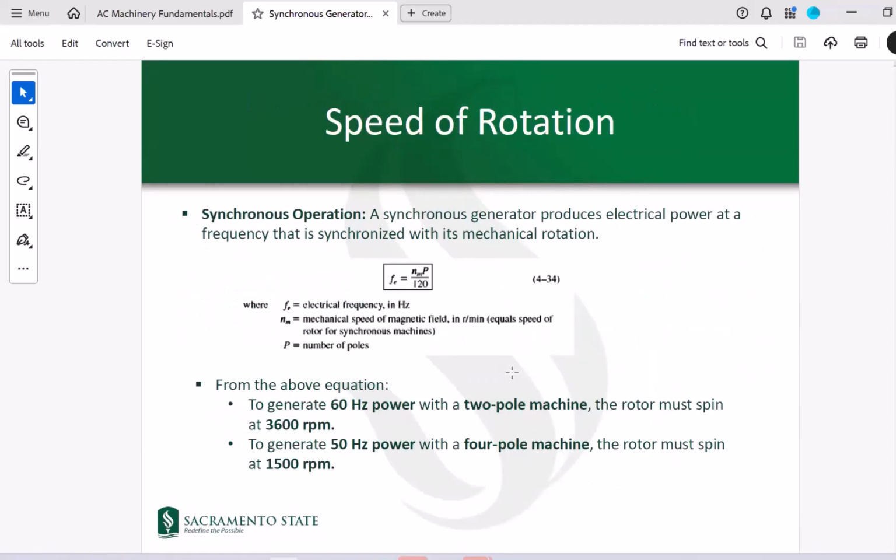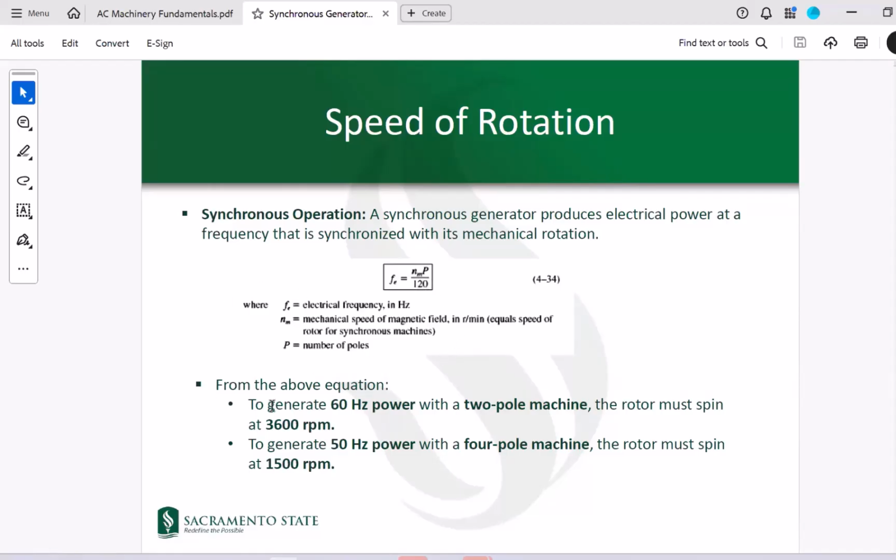The speed of rotation in synchronous generators is related to frequency and the number of poles. So here is the equation. The frequency at which the generator produces voltage and current would be P, the number of poles, times the mechanical rotational speed, divided by 120.